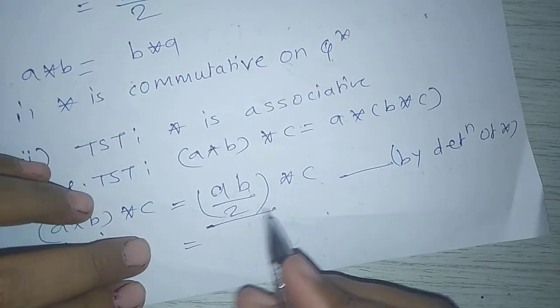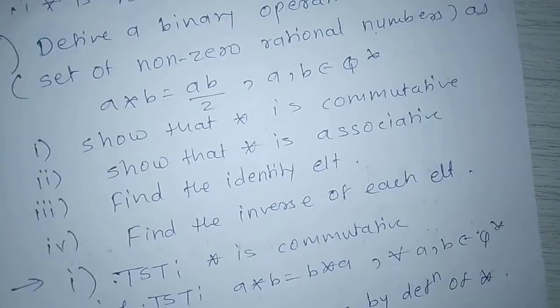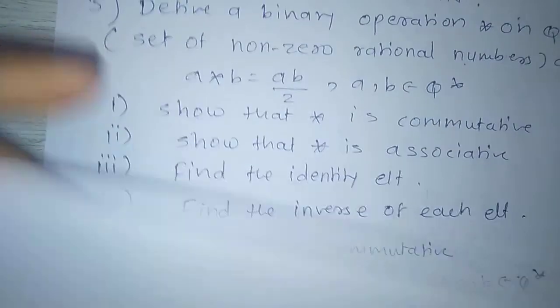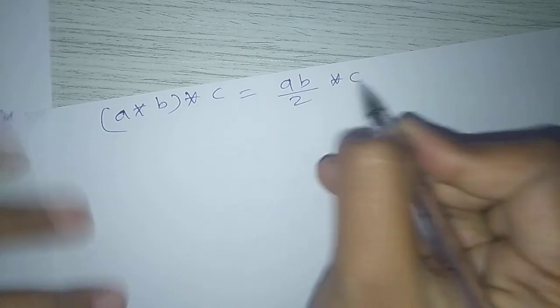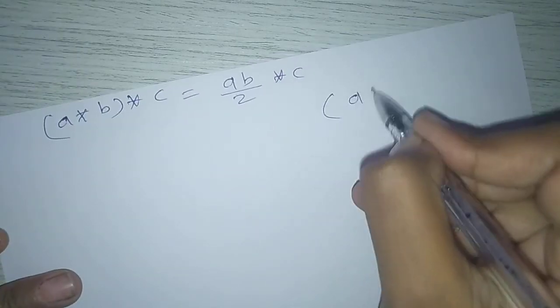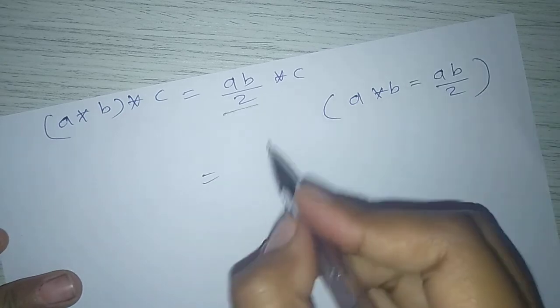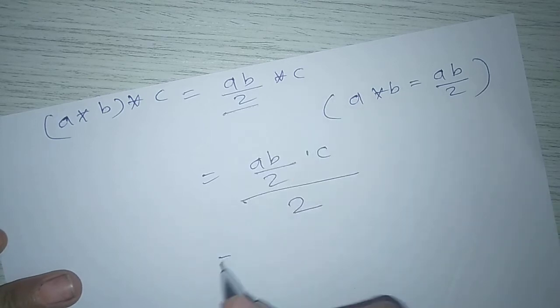Here the first element is AB upon 2 and the second element is C. Here we get A star B star C equal to AB upon 2 star C, and the definition of star is A star B equal to AB upon 2. Here first element AB upon 2 into second element C, and upon 2. We get ABC upon 4.